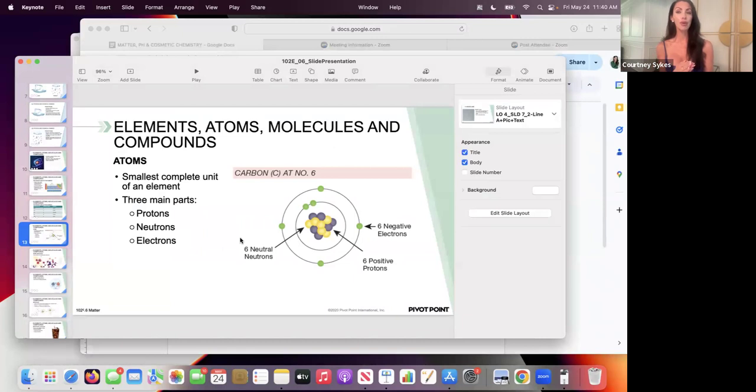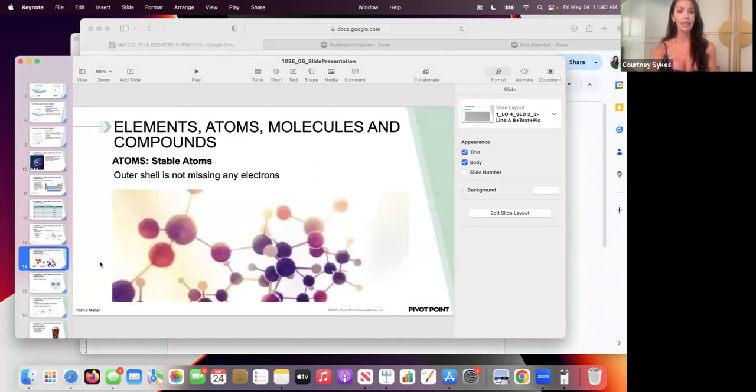There are three main parts to any atom: a proton, a neutron, and an electron. So that is important to remember: protons, neutrons, and electrons. Okay. And then atoms, you want to have stable atoms. The outer shell is not missing any electrons. That's how this slide reads.